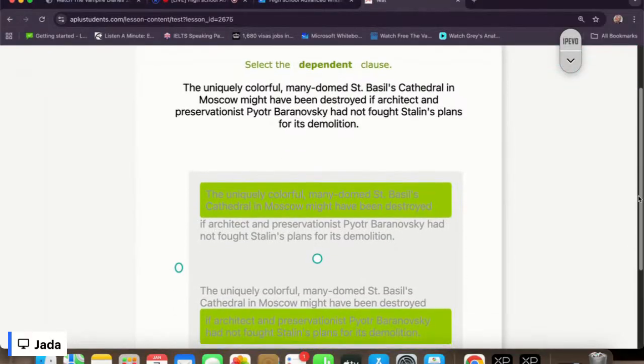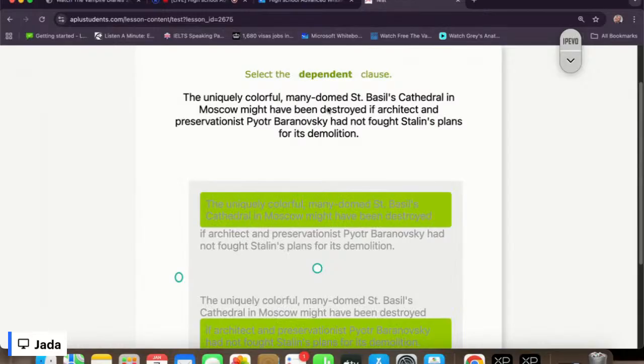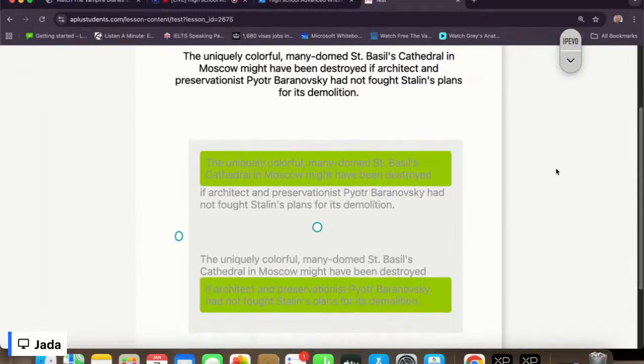Alright, so select the dependent clause. The uniquely colorful, many-domed St. Basil Cathedral in Moscow might have been destroyed if architect and preservationist Parandowski had not fought Stein's plan for its demolition. First or second?